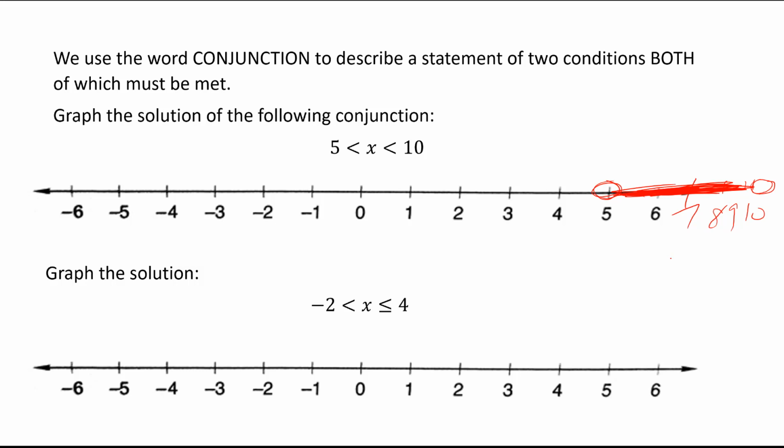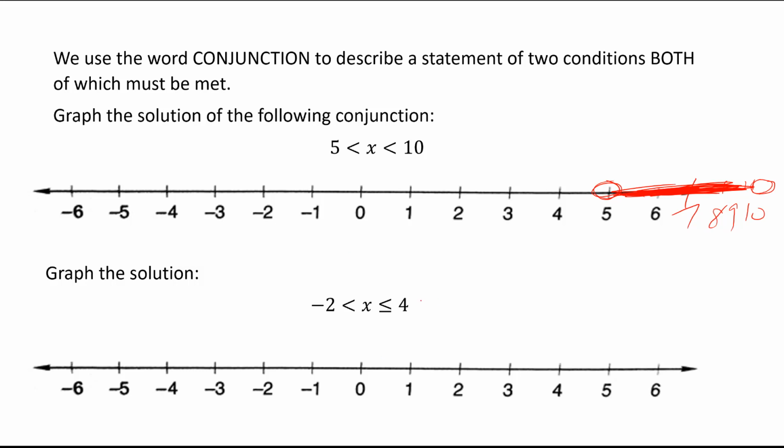All right, so here's another conjunction. -2 is less than x, which is less than or equal to 4. So in this inequality here, you can see that x is by the open mouth on the less than sign to the left of it. So x is greater than -2 and x is less than or equal to 4. So we're saying two things at the same time when we use this kind of notation.